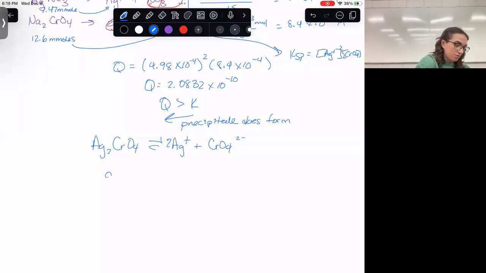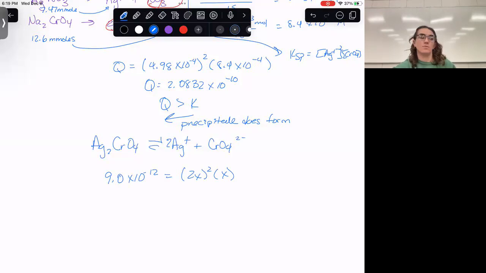So we'll say that 9.0 times 10 to the negative 12 is equal to, what do we plug in for Ag plus in terms of X? I agree with X squared, but there's something else we need. We need a 2 as well. So 9.0 times 10 to the negative 12 is equal to 4x cubed.